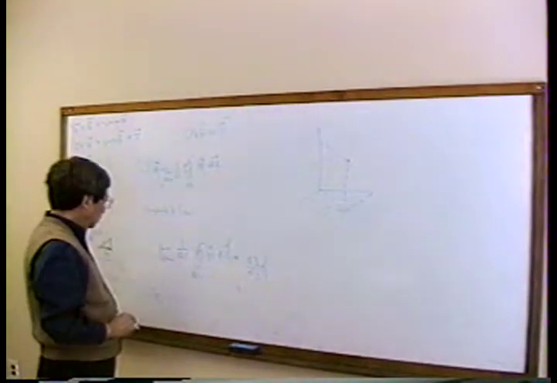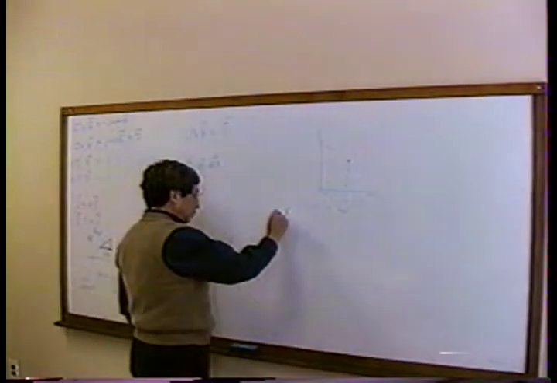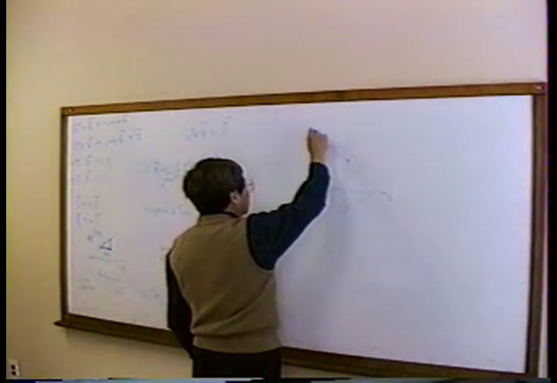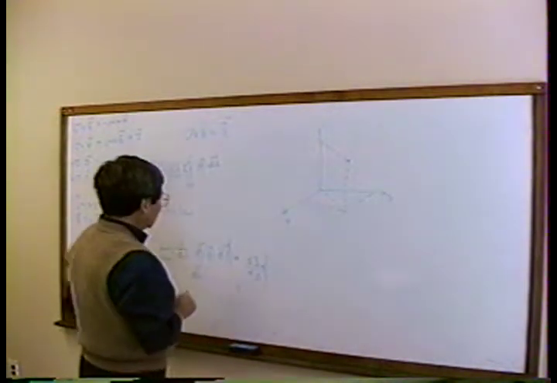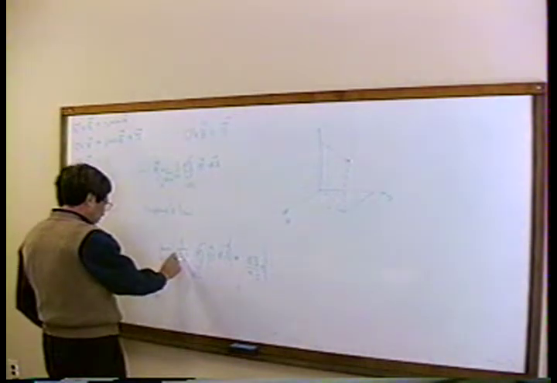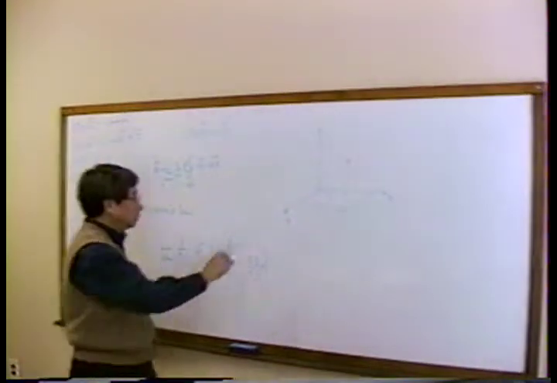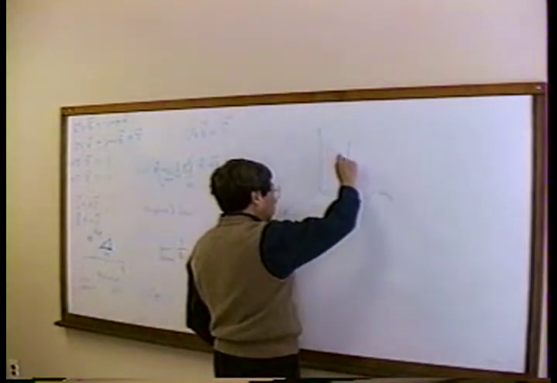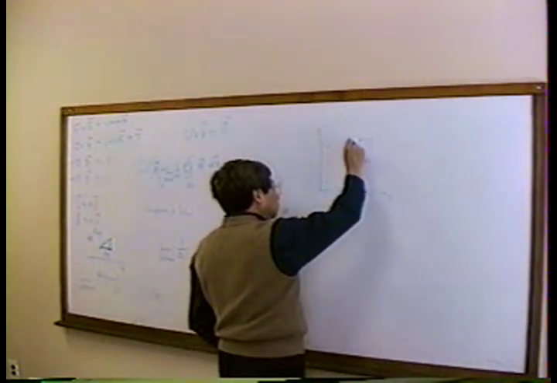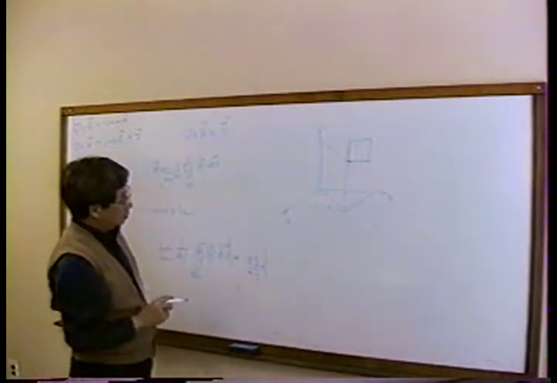So what I want to do is to find the x component, which means I have to take the delta s perpendicular to the x direction. So this is the loop I want to take.